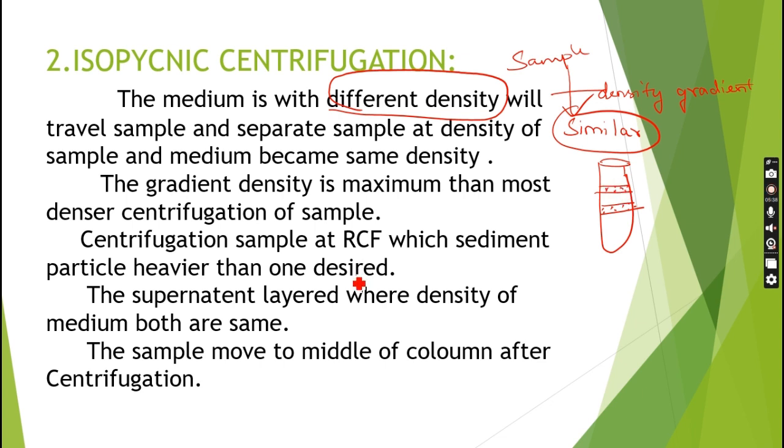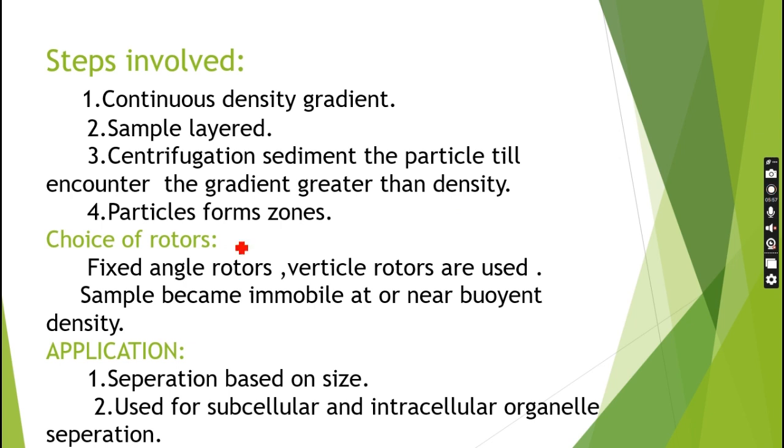So the gradient is going to have a higher density so that the maximum sample can be separated at the higher density. A continuous density gradient can be used here because even similar molecular weight changes can be differentiated.